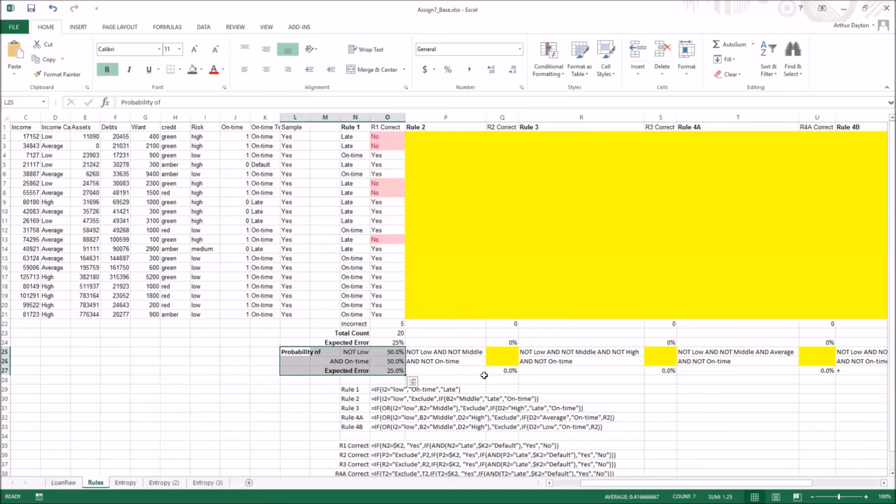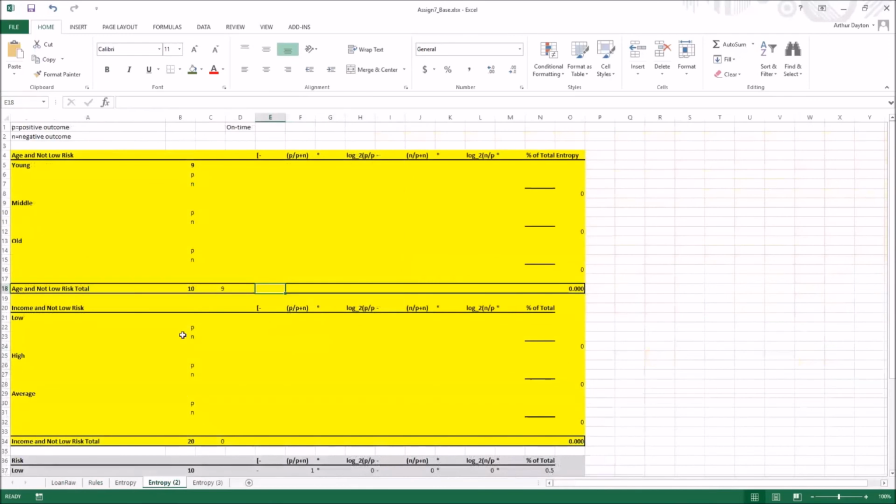So, all right, now we need to calculate rule 2. So then we will need to do a second entropy calculation. For our second entropy calculation, we need to exclude the calculation we did in the first value where we said we will be using the low value of risk.